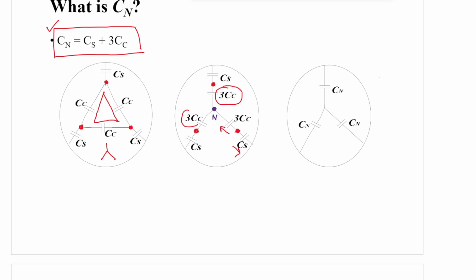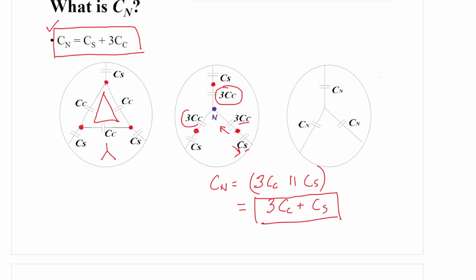So if you form the per phase capacitance, basically two capacitances, 3Cc and Cs, are in parallel, because they are two parallel paths. If two capacitances are in parallel, their equivalent capacitance is the sum. So the per phase neutral capacitance is 3Cc plus Cs. This is the answer.